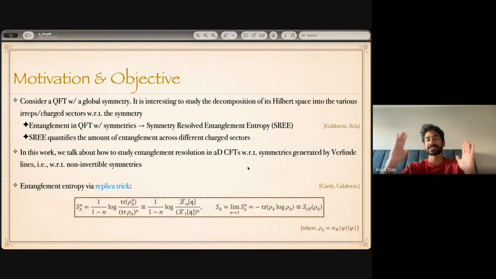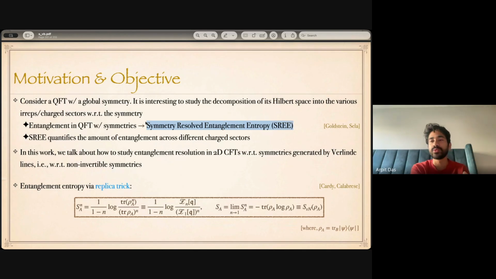Because now your Hilbert space is decomposed into these irreps, is there a way to understand how much entanglement is coming from each irrep? For the group-like case, this was studied under the name of symmetry resolved entanglement entropy by a couple of people, Goldstein and Sela, about 7 years ago.